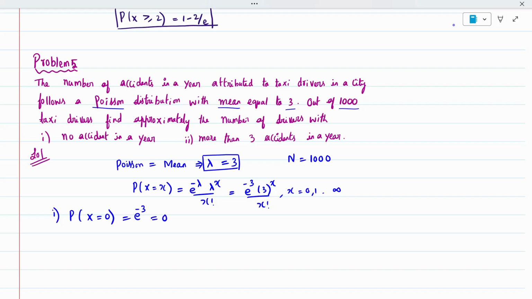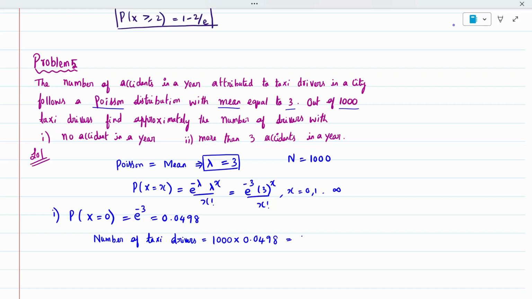Calculating on a calculator, I am getting 0.0498. It is for only one taxi driver. It is asked for out of 1000 taxi drivers. So the number of taxi drivers equals 1000 into 0.0498.